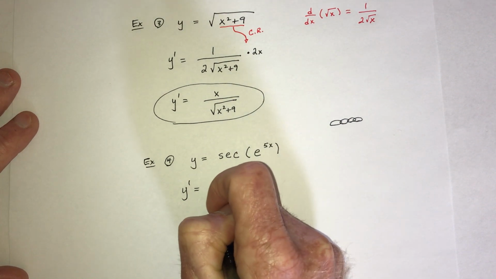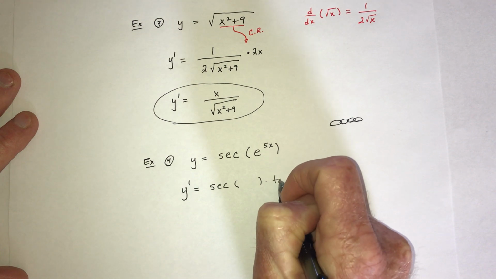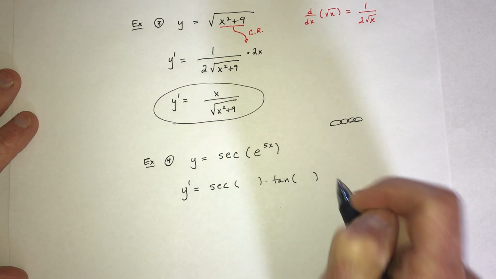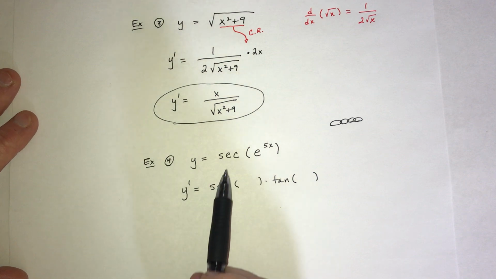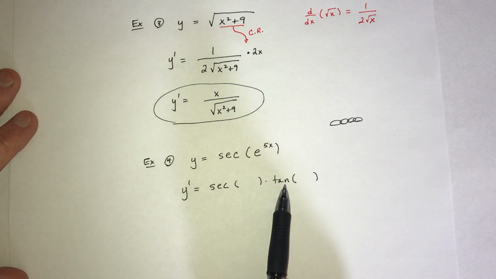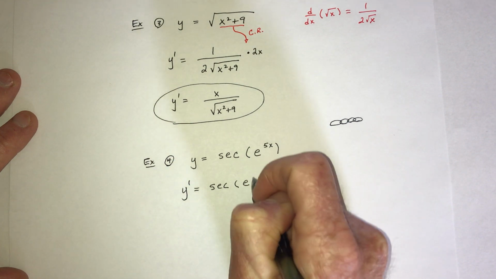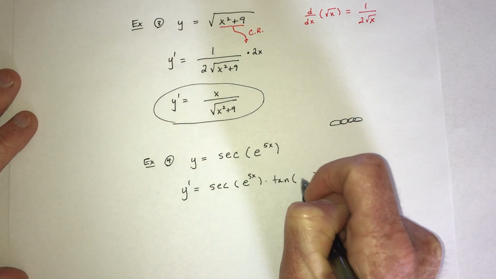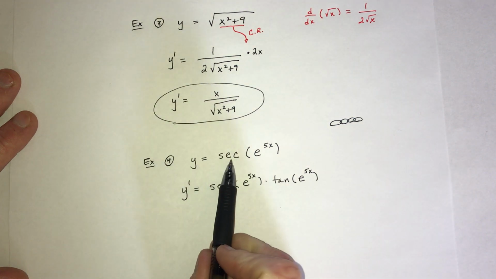Well, the derivative of secant is secant times tangent. And don't just automatically think it's secant x, tangent x. The derivative of secant is secant times tangent, but this e function needs to stay the same. Because as I mentioned before, you can only do 1 derivative at a time. So I've only taken the derivative of this secant.